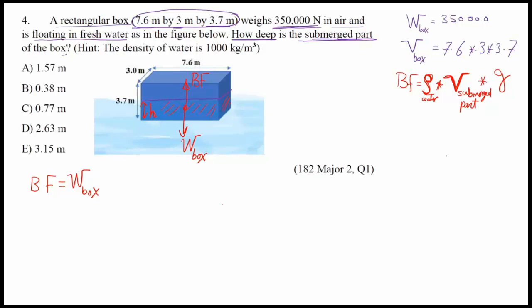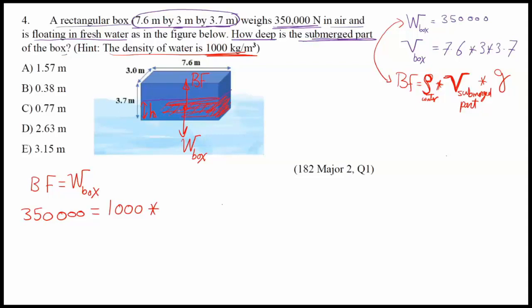Times g. So I will equate the buoyant force to the weight of the object. The weight, 350,000 Newton, equals the buoyant force, which is rho, the density of water, 1,000 kilogram per cubic meter, times the volume of the submerged part.